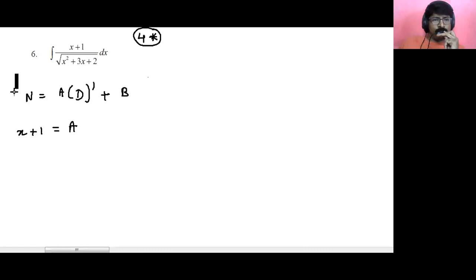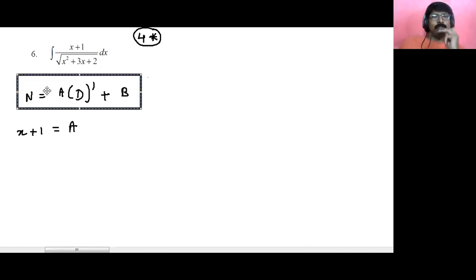Whenever there is a denominator in the root, you'll have to use this formula. The numerator can be written as a into the derivative of the denominator plus b. Okay, I hope you'll remember this. So numerator x plus 1 can be written as a into the derivative of this denominator, which becomes 2x plus 3, plus b.